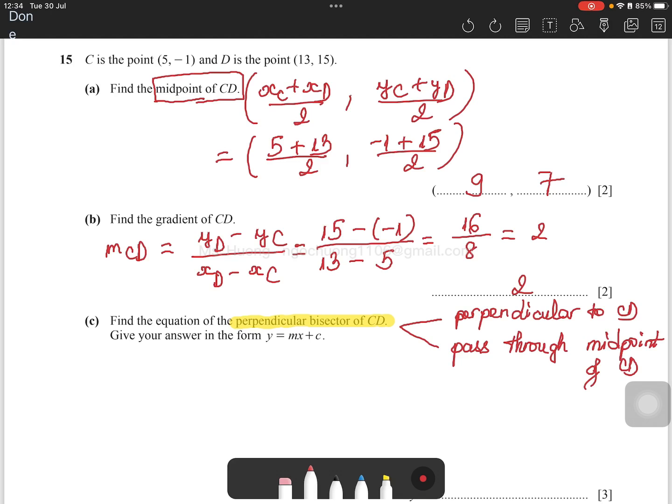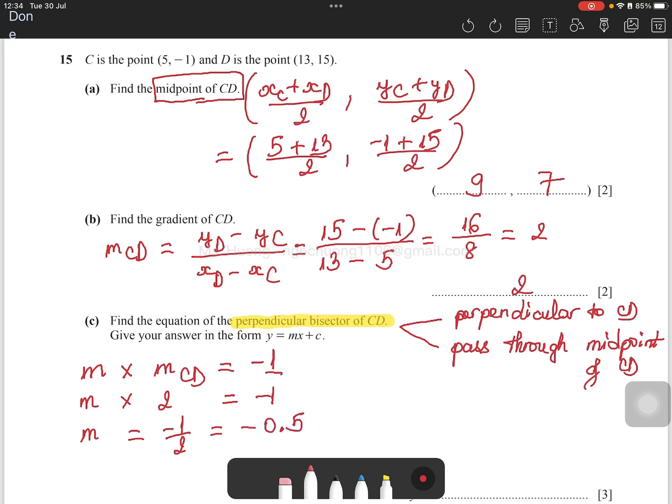So, look at the first one. If this perpendicular bisector is perpendicular to the line CD, then the gradient of this perpendicular bisector multiplied by the gradient of CD must be negative 1. And from question B, we see that the gradient of CD is 2. So, the gradient of the perpendicular bisector is negative 1 over 2, or we can say negative 0.5.